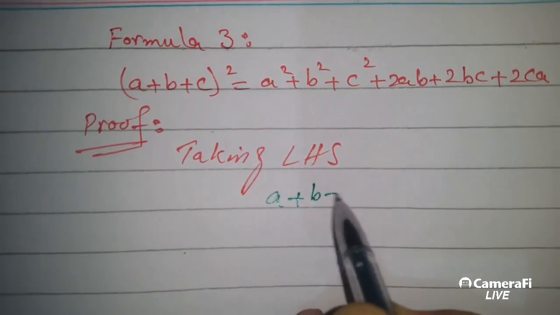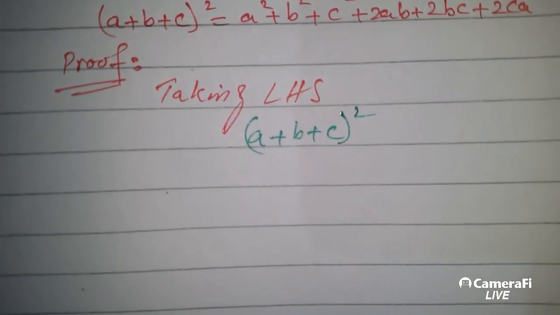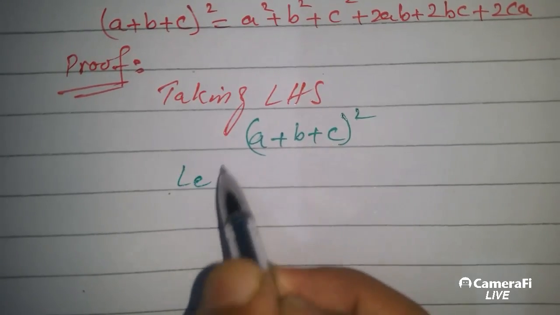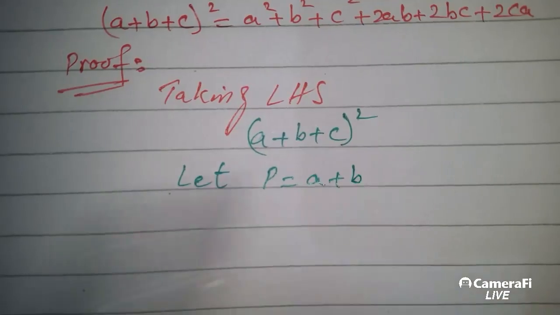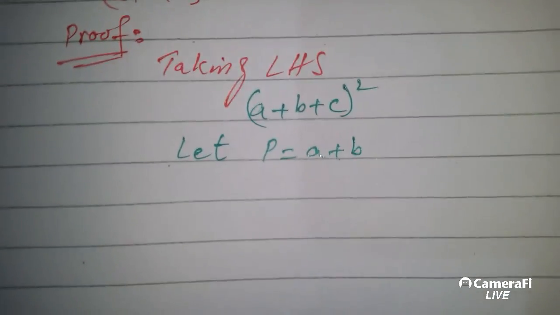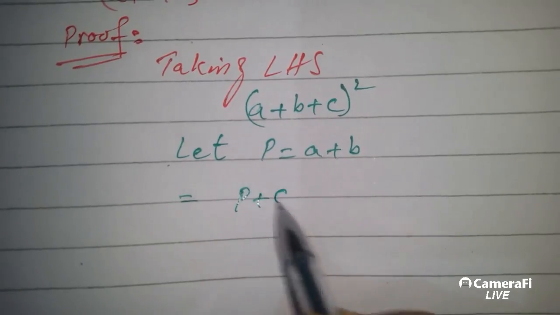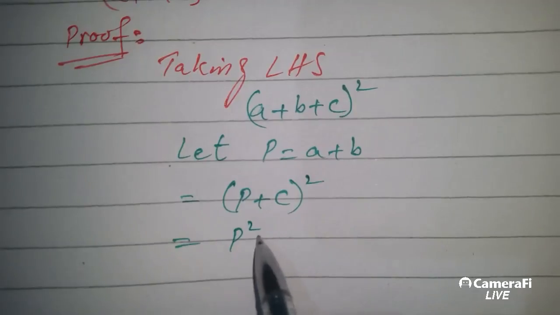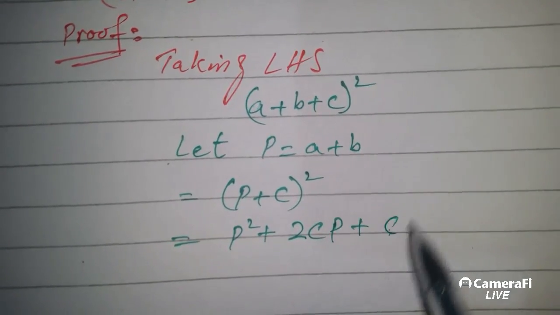(a plus b plus c) whole square. Let p equals a plus b. So this thing becomes (p plus c) whole square. It can be expanded as p square plus 2cp plus c square.